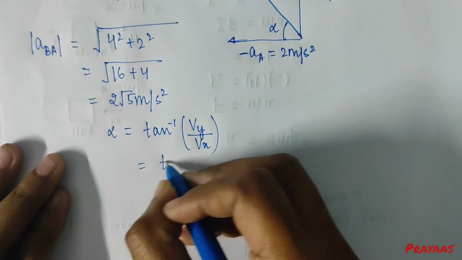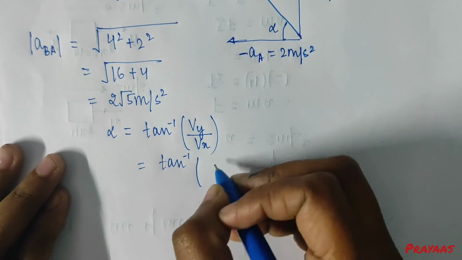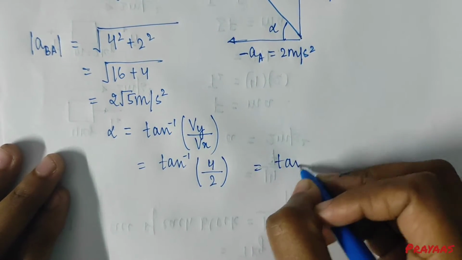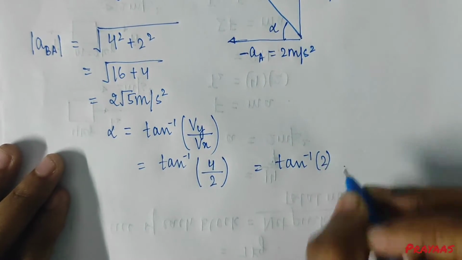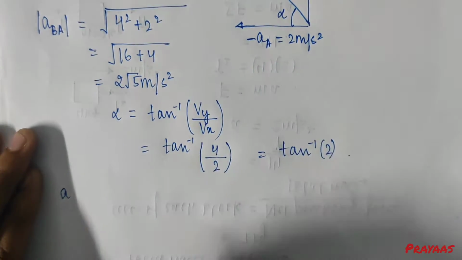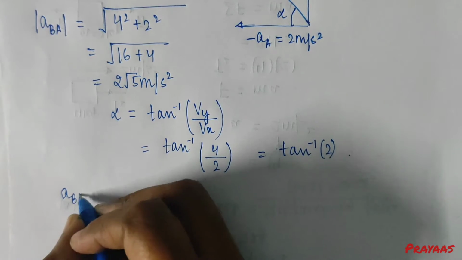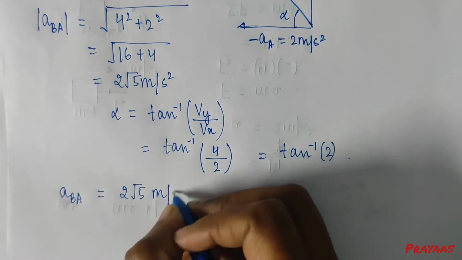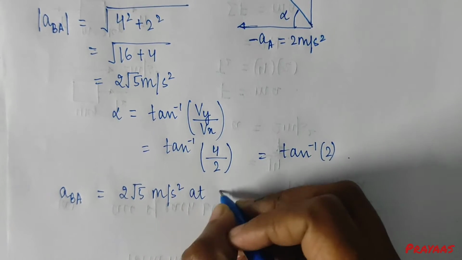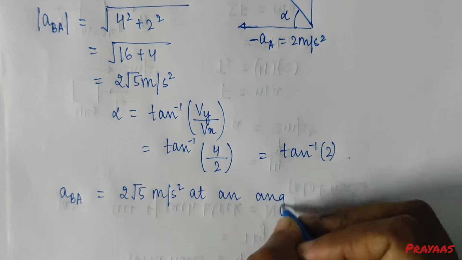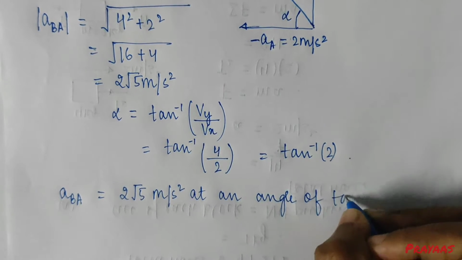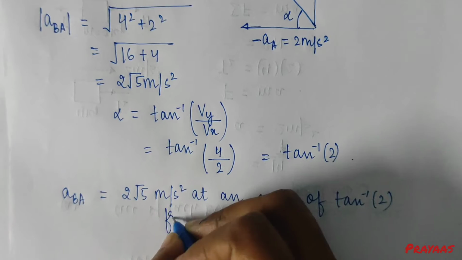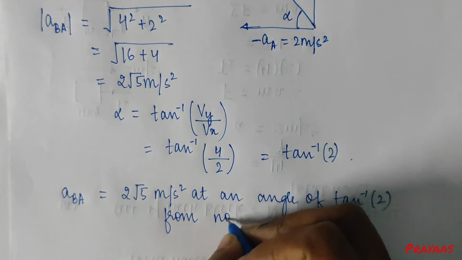So this will be tan inverse, Vy is 4 and Vx is 2. So this will come out to be tan inverse 2. So acceleration of B with respect to A will be 2 root 5 meter per second square at an angle of tan inverse 2 from north of west.